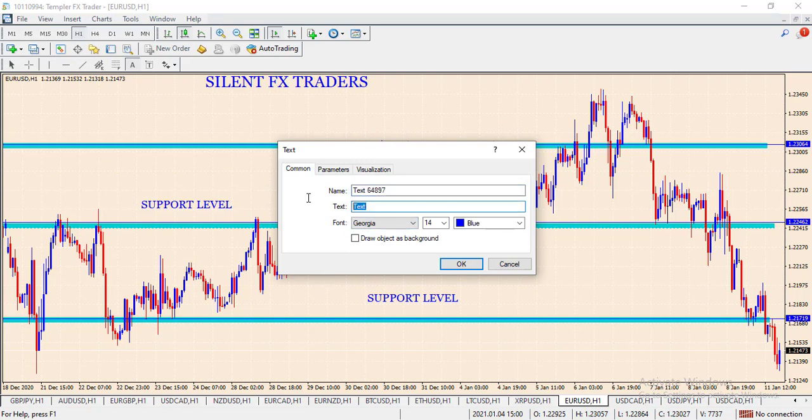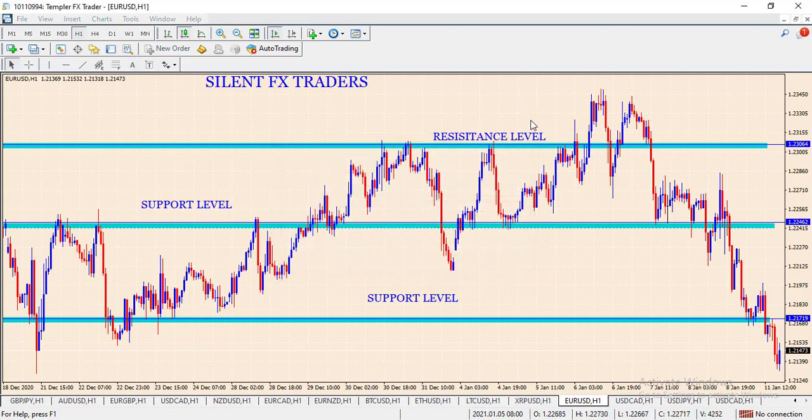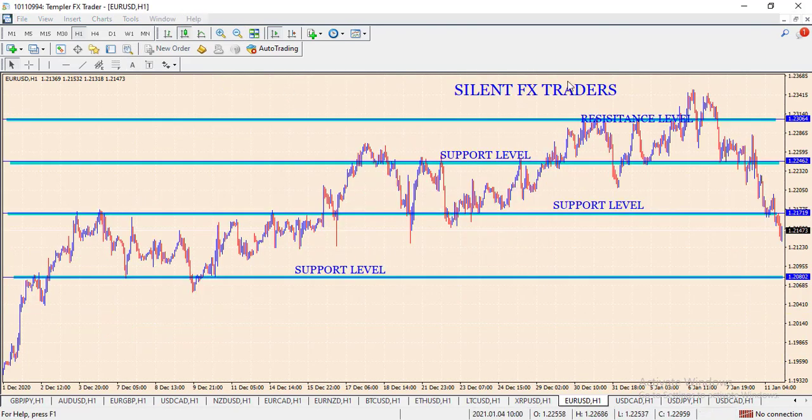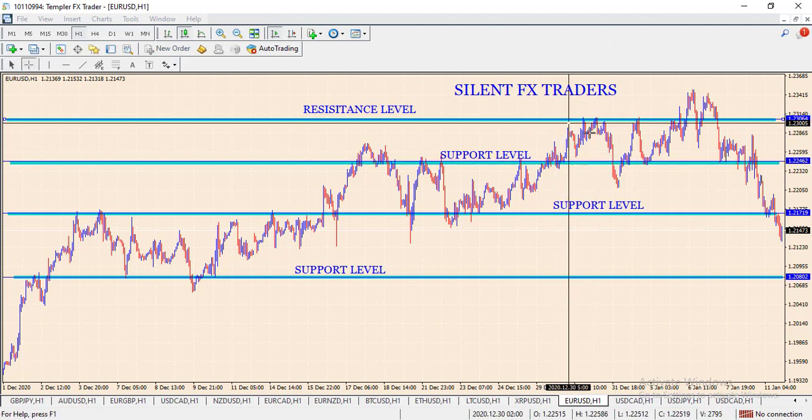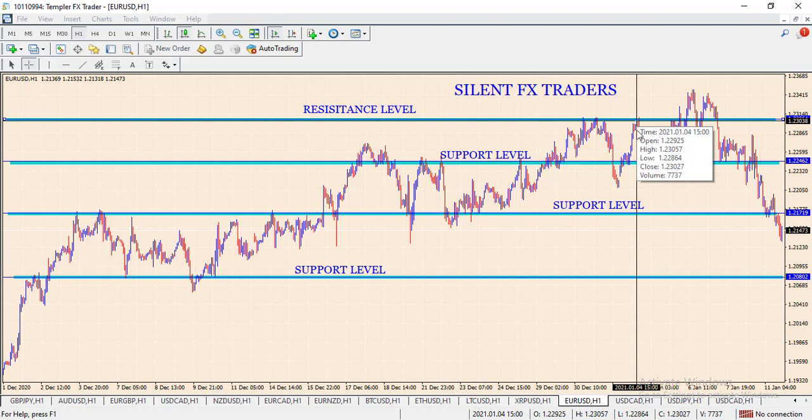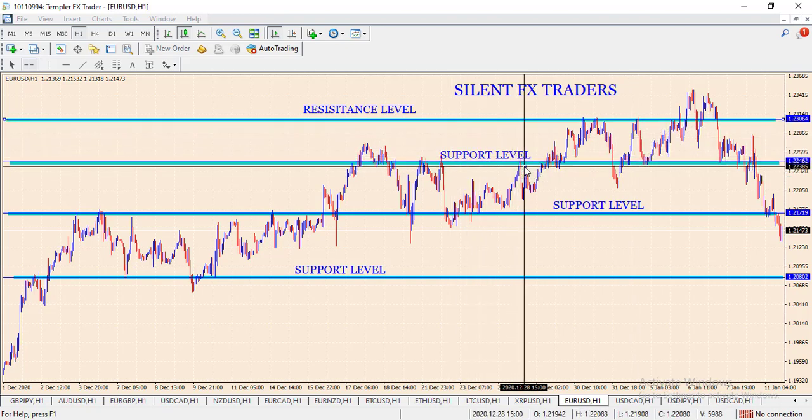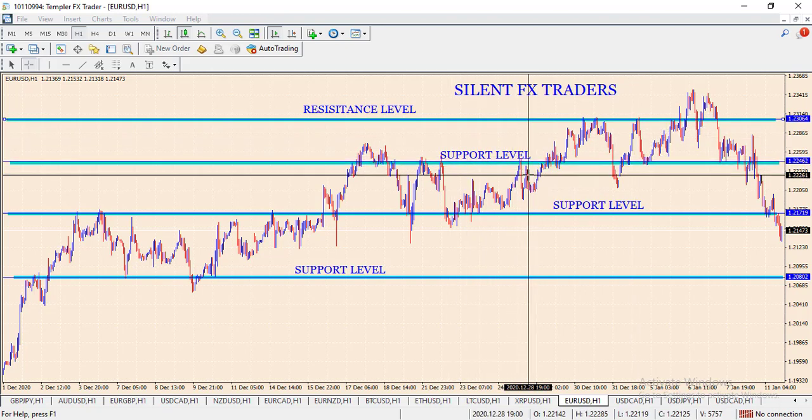We're gonna indicate it. This is our resistance level. So we have already identified our support and resistance level. At the highest point of the market, this is our resistance level. At the lowest point of the market, this is our support level.